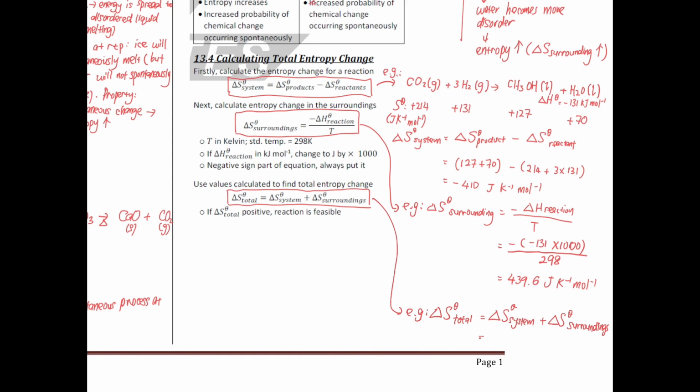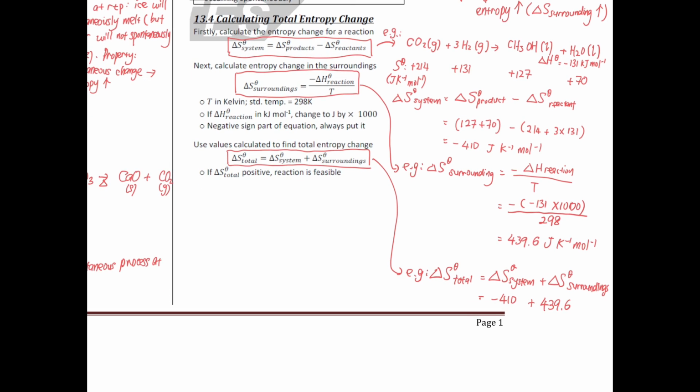The system is minus 410, the surroundings is 439.6. Then we will get 29.6, a positive value, which is 29.6 joule per Kelvin per mole.